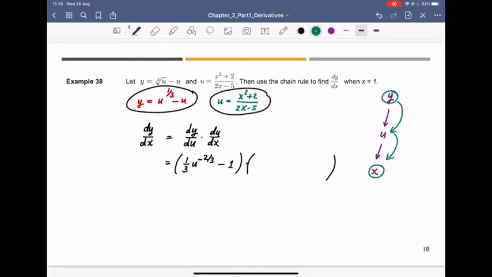So I'm going to differentiate this. I differentiate the fraction, so I need to use low d high minus high d low over low squared.